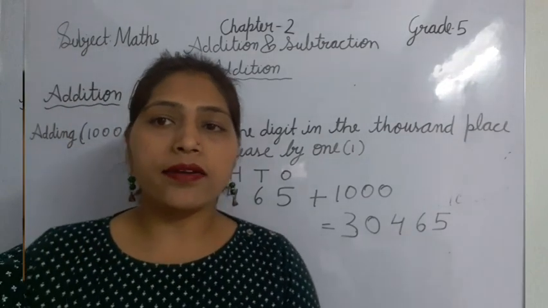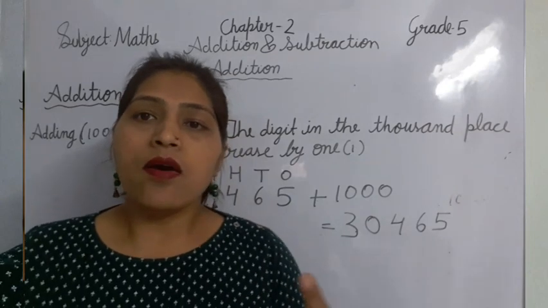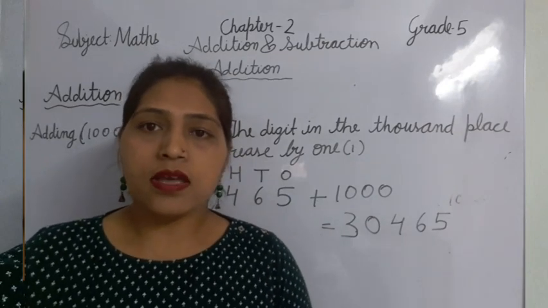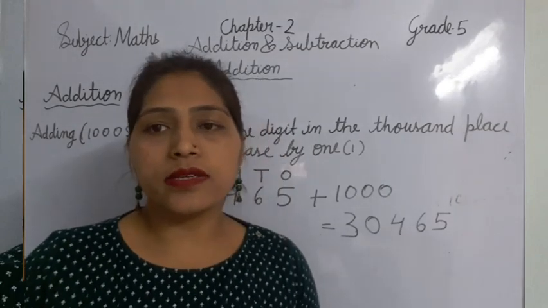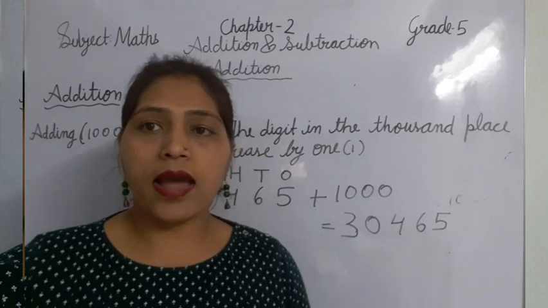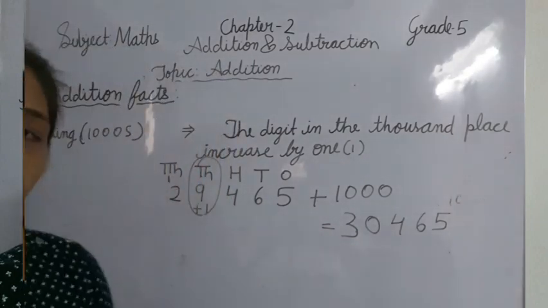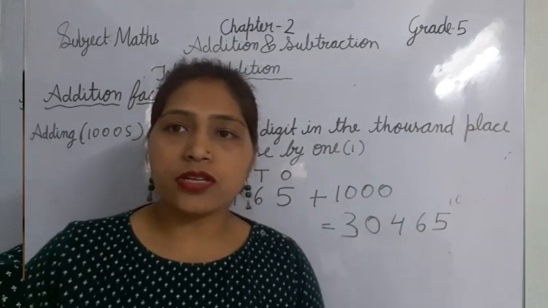When we add 100 to any number, that time we have to increase the 100 place by 1. And what happens when we add 1000? That time we have to increase the 1000 place by 1, and the same way with the 10,000 and lakh and so on. So this is all about the addition.